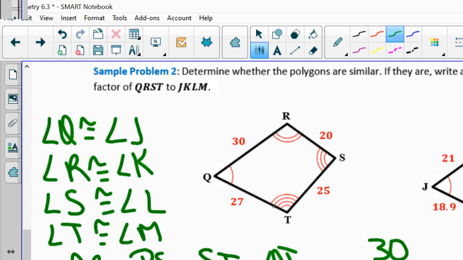So 30 over 21, biggest number they have in common, 3, so that is 10/7. So I'm looking to see, can I get 10 over 7 for all of the other ones? So RS is 20 over KL, 14. Biggest number they have in common, 2. I get 10 over 7.